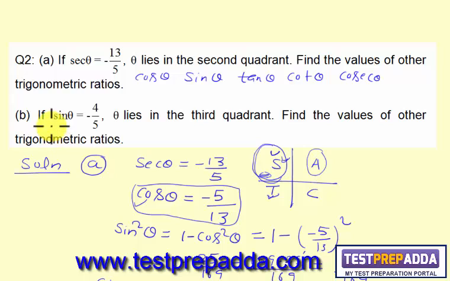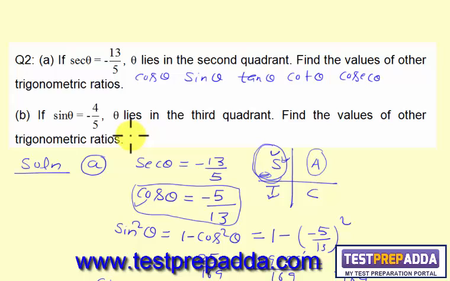The question says if sin theta is equal to minus 4 by 5, and here theta lies in the third quadrant. Find the values of other trigonometric ratios.